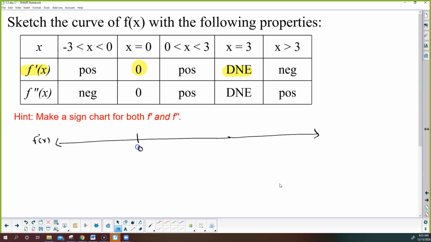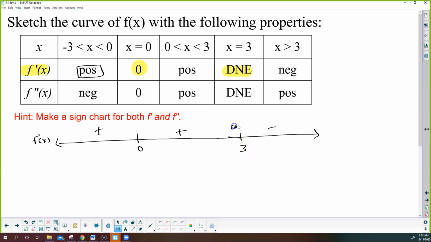So I'm going to say at x equals 0, and then it does not exist. But we also know the slopes to the left of 0 are positive. The slopes between 0 and 3 are positive, and the slopes past those points are negative. So I can determine when the original function is increasing, and there would be a maximum here because I go from increasing to decreasing, but the slope doesn't exist.